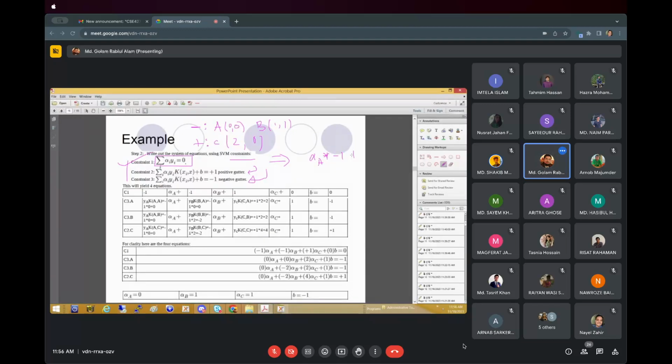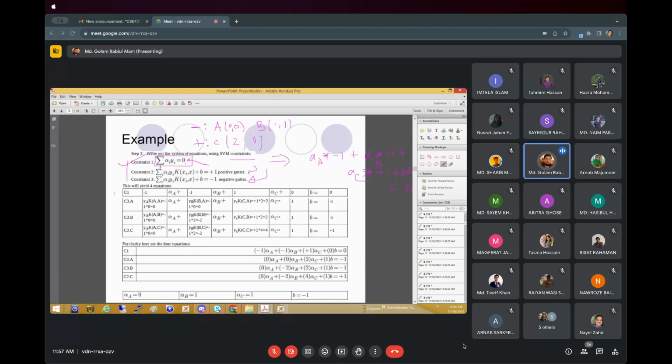Then plus, if we pass it through B, we get alpha B times negative class, plus alpha C times positive one. And we don't have any b here, so there is 0 times b, equal to 0.